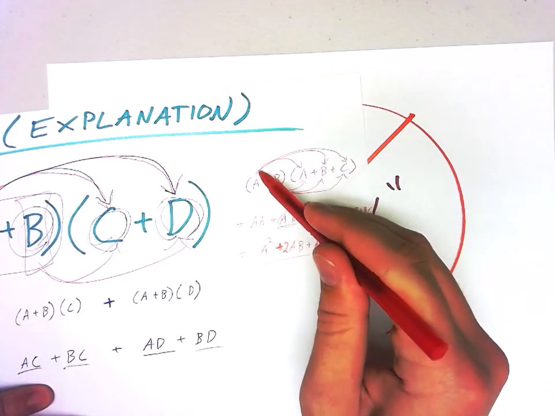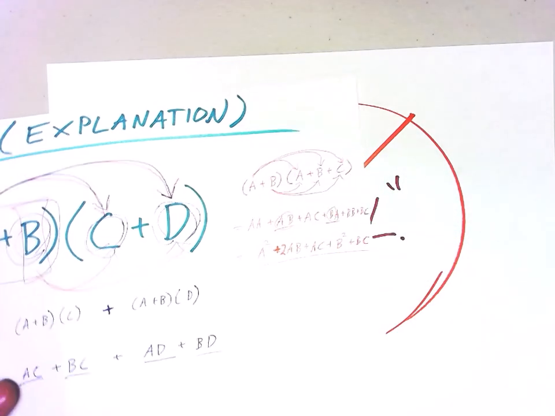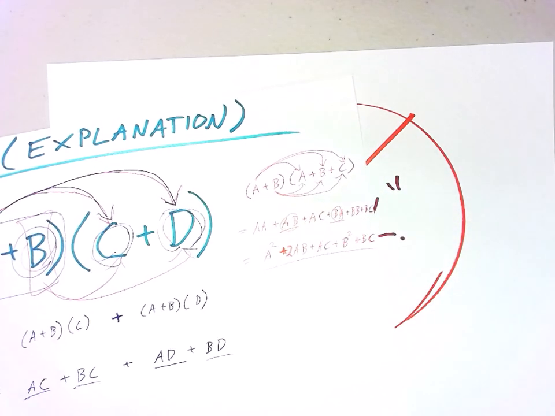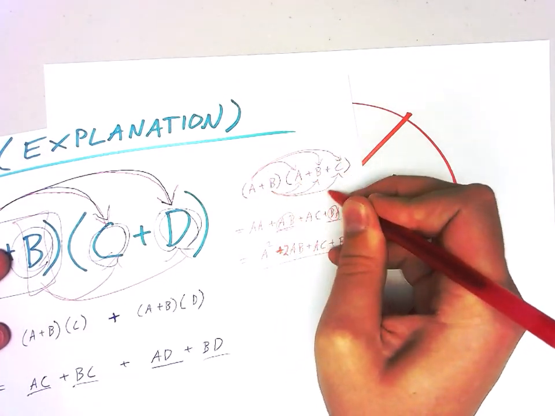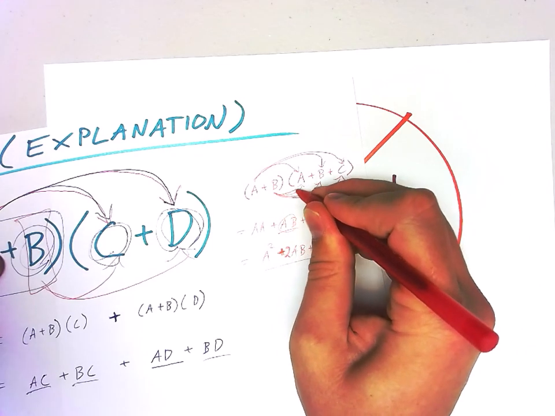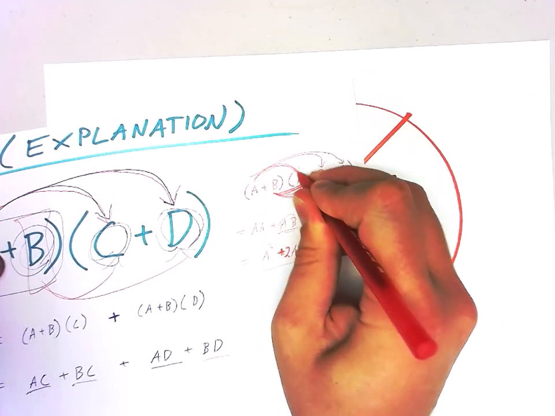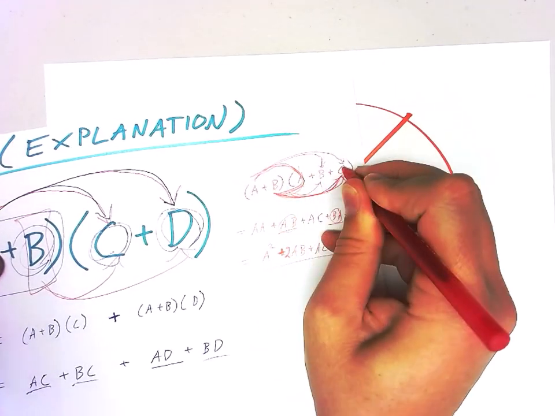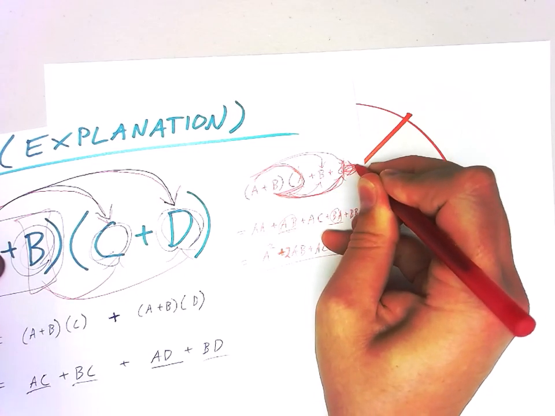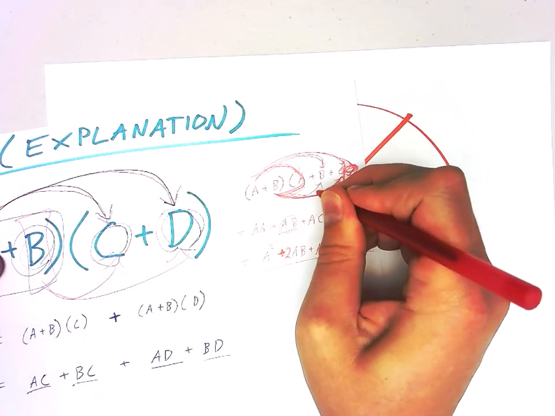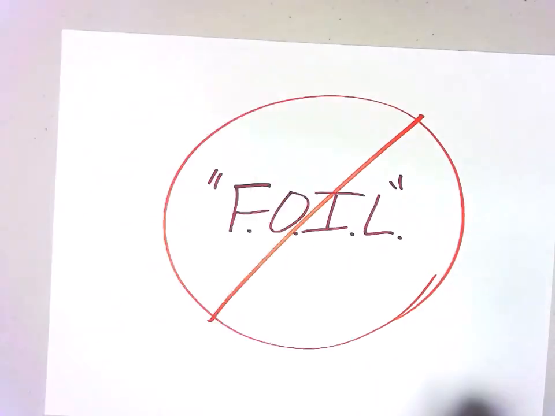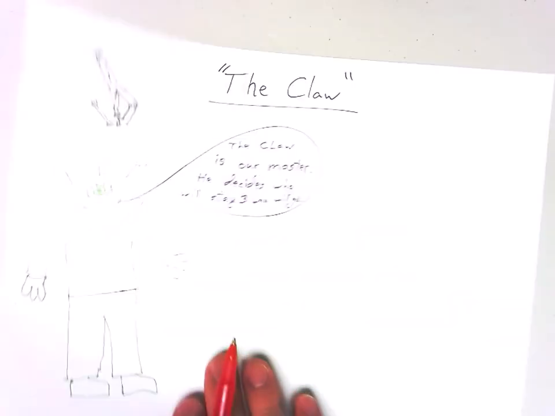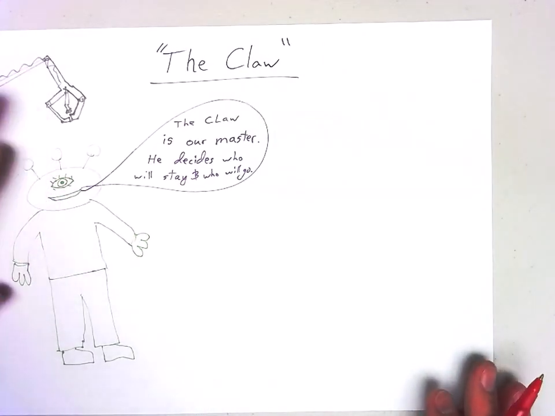It's like a claw, the thing's reaching over. You could think each one is kind of a claw reaching over, or if you put it all together, it's like a lobster claw. So anyway, think of it as the claw.